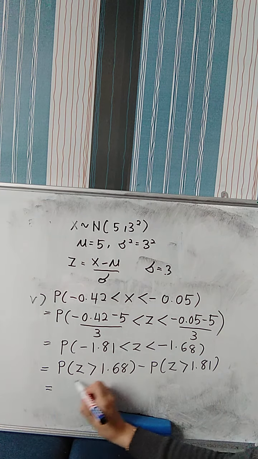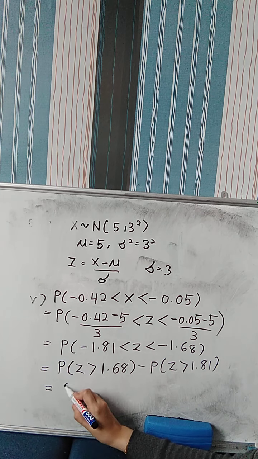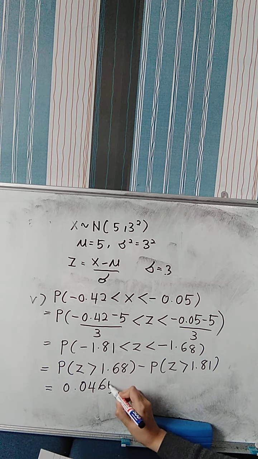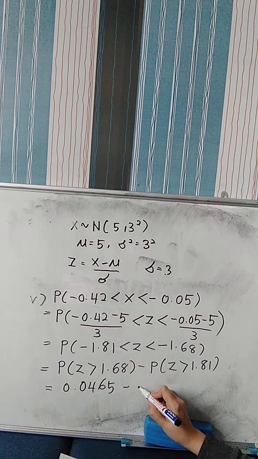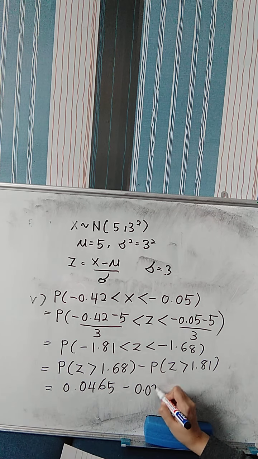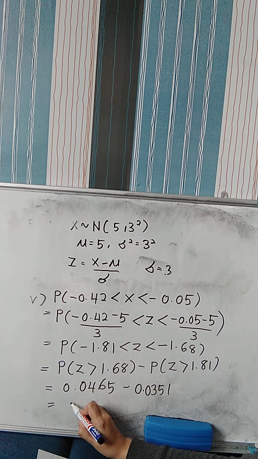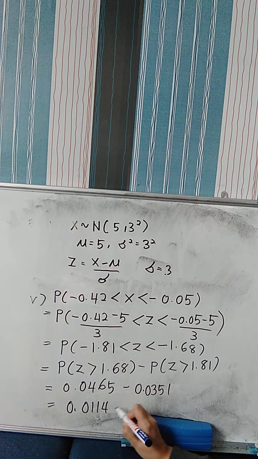Z more than 1.68 from the table is 0.0465 and Z more than 1.81 from the table is 0.0351. Okay, you minus, the final answer is 0.0114.